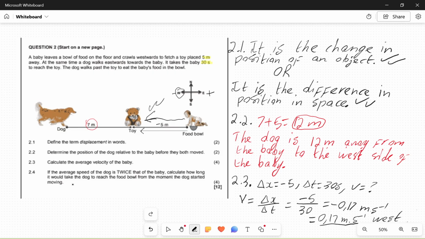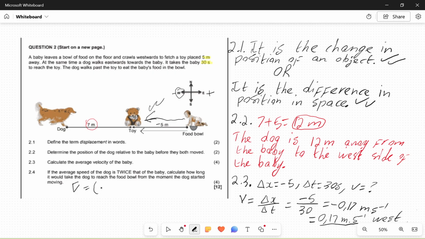So in this case, our average speed will be V is equal to, we know that the speed of the baby was 0.17. I know here we were looking for velocity, but velocity is still the same as speed. The only difference is that speed will not have any direction.